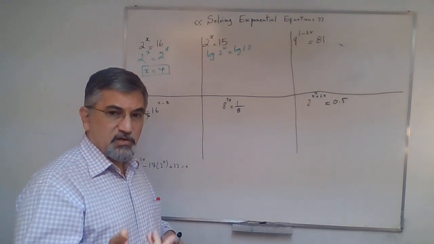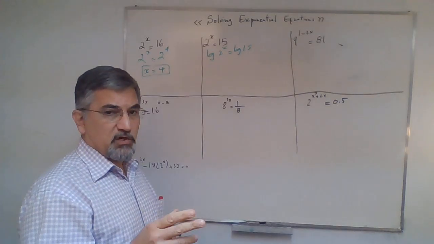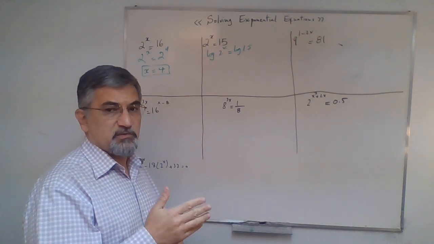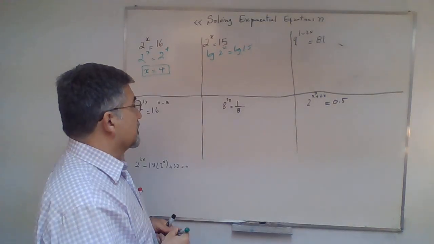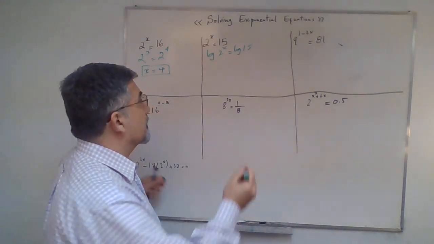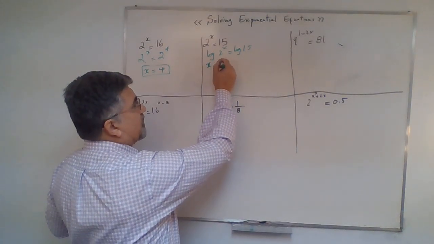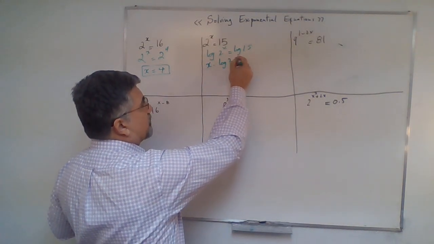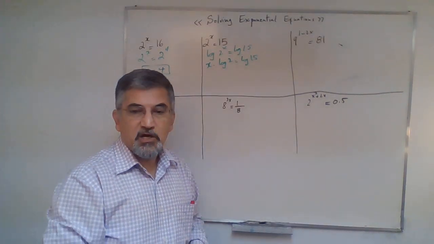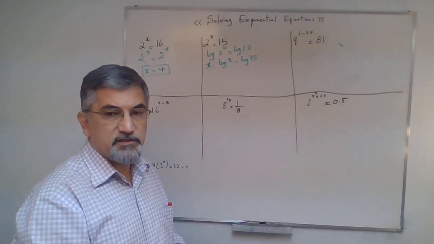But because on the calculator we have this common logarithm button, for convenience we will just take the common logarithm of both sides. Otherwise, you can take the log of both sides with any base you feel like. So now we have x times log of 2 equals log of 15 using the power law of logarithm, which we have studied in the past already.